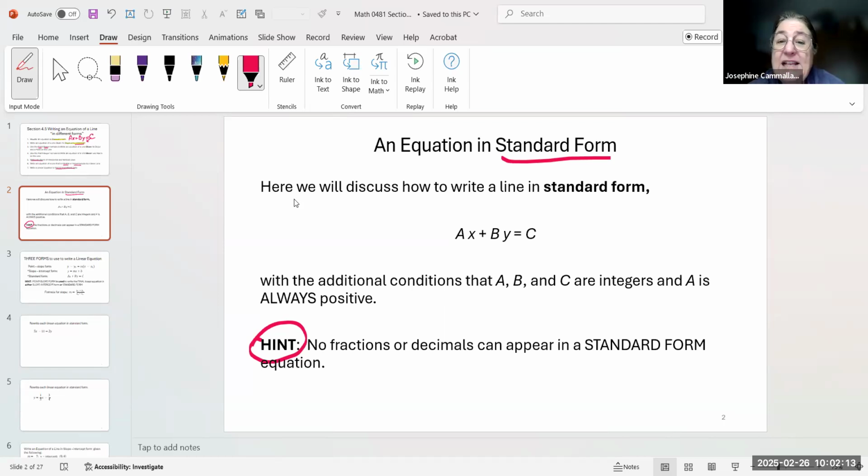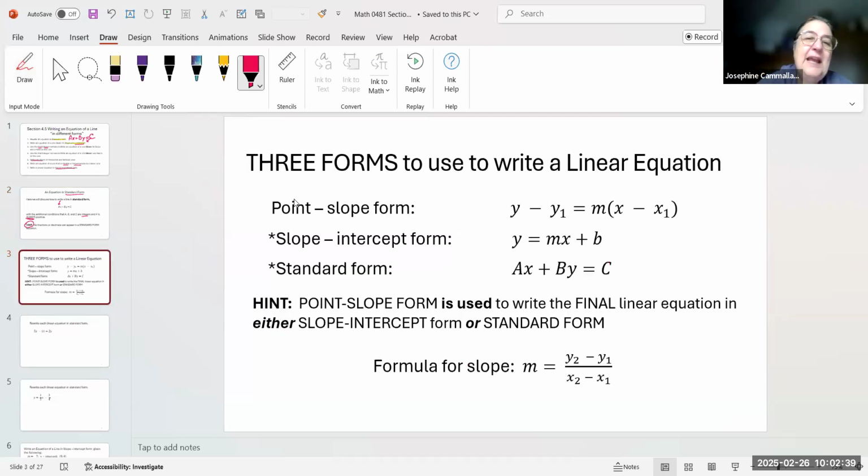Standard form has A, B, and C as whole numbers or integers, and there's also the A. This first term can only be positive. Now, with that said, let's kind of do a little review and then add on to what we've learned.